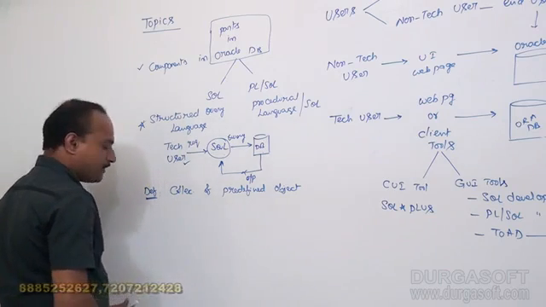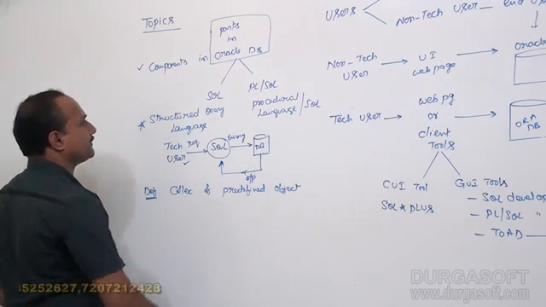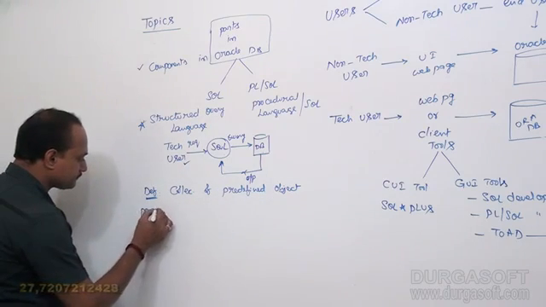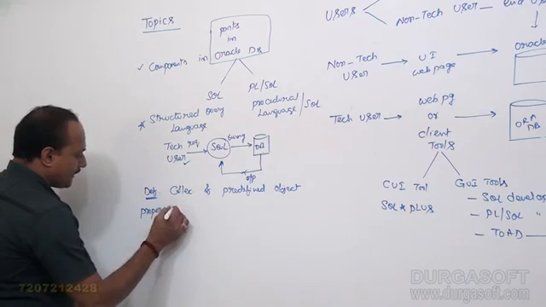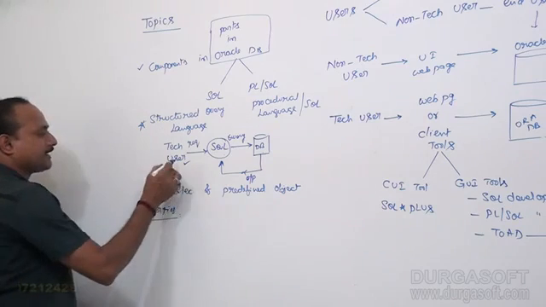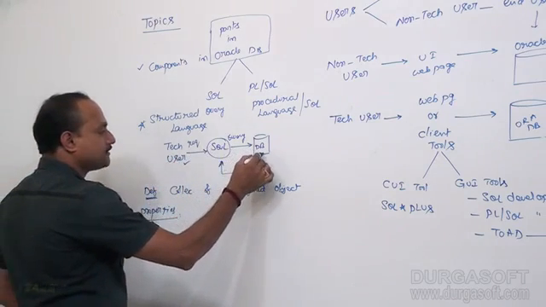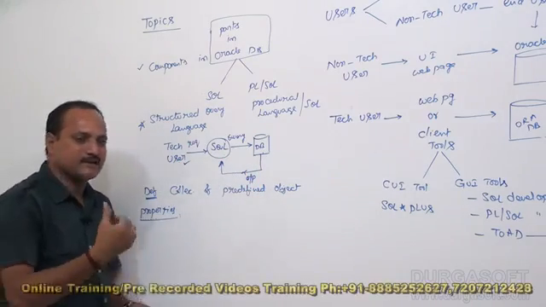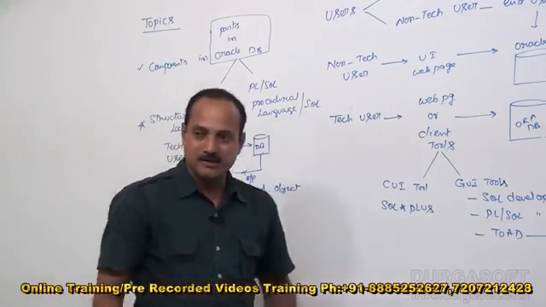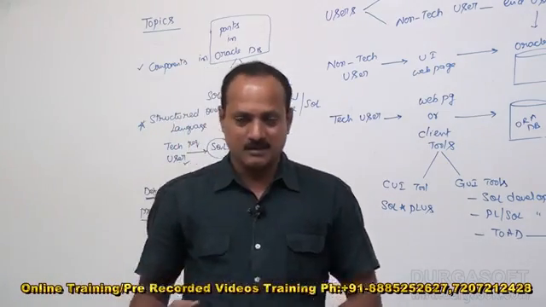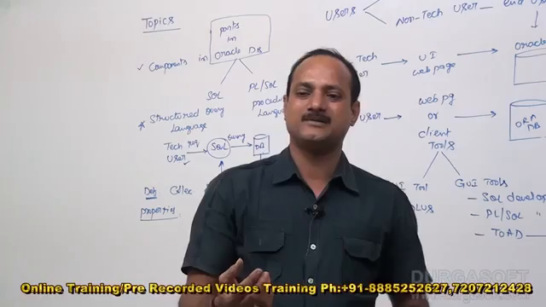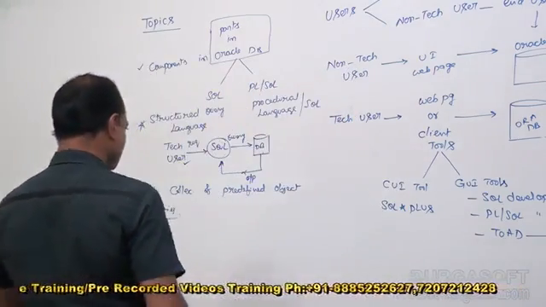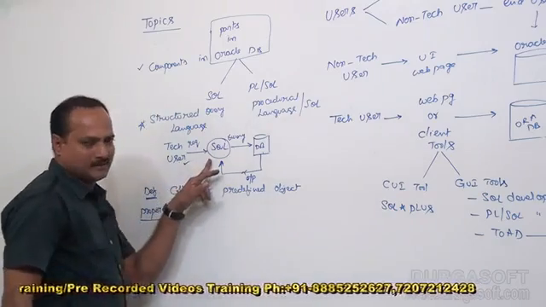Now, what are the properties of SQL? Again, I am repeating: the technical user has to communicate with the database to get results from it, to enter data into it, or to make changes in it. To communicate, he needs a language, and that language is structured query language.